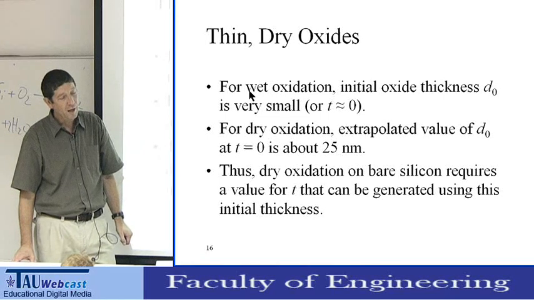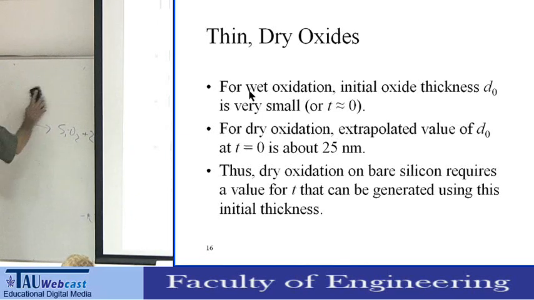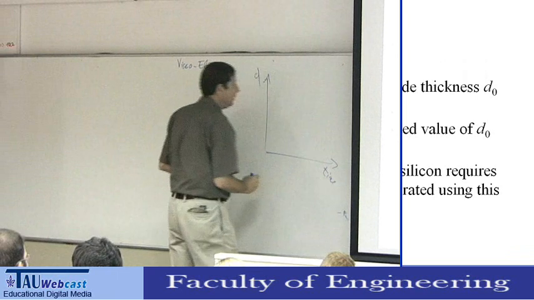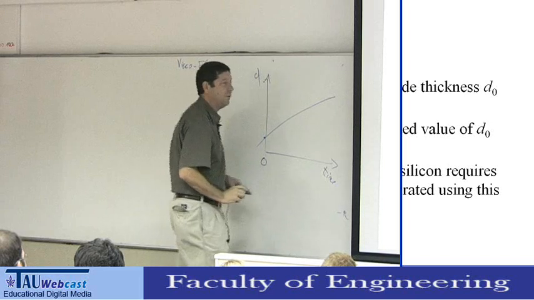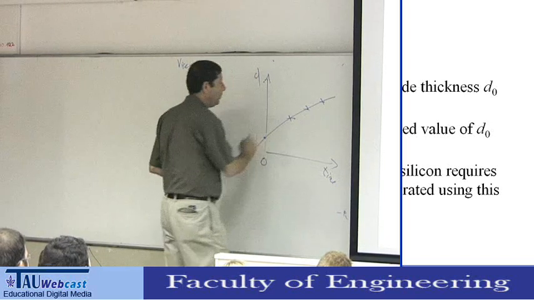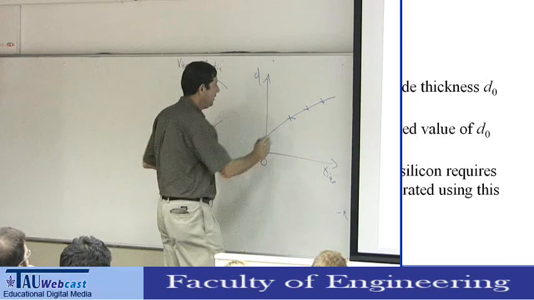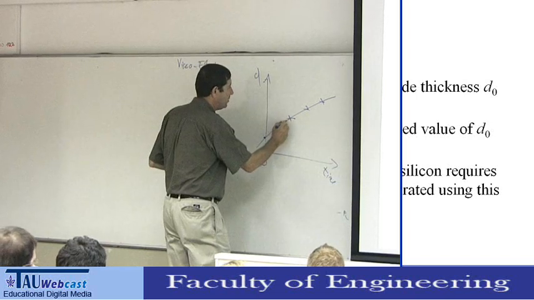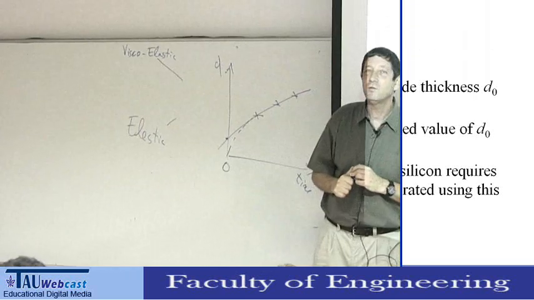If you plot thickness versus time on a normal scale, you find that at t equals 0, if you take some measurements and extrapolate, it's not going to 0. But this cannot be, because at 0 time the thickness is 0. So near 0, the behavior of dry oxide is difficult to extrapolate.